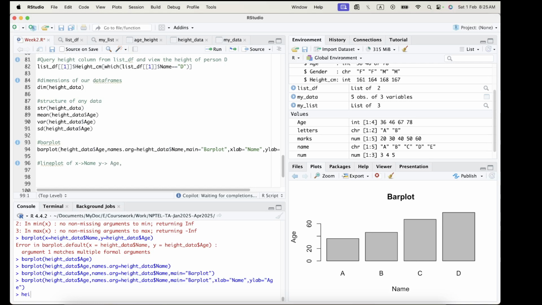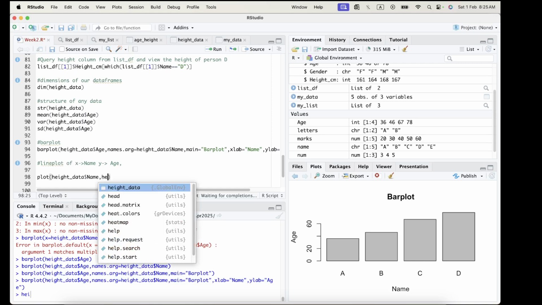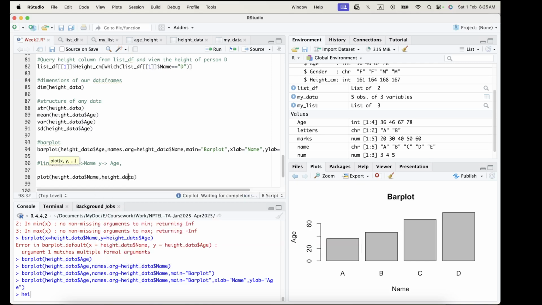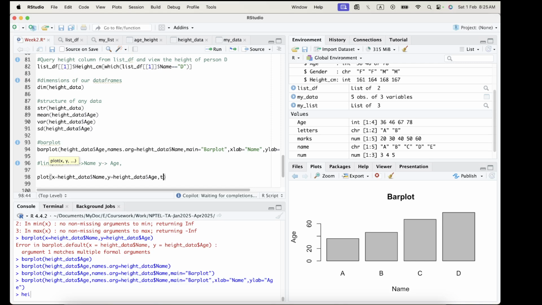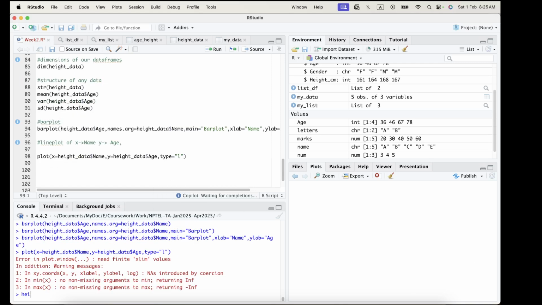To do that I write plot height data $name, and y equal to height data $age, with x equal to you can skip these, but just because we are doing this initially, and then type equal to L. Let's see.